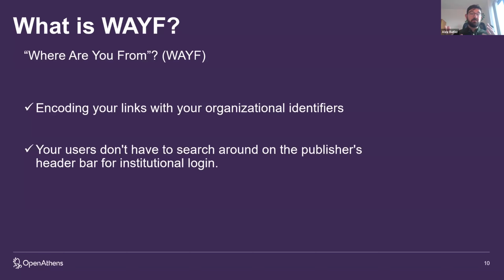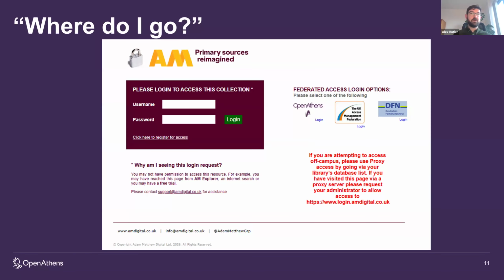The result of this is that when a user clicks on a link, they don't have to go search around on a publisher header bar or a login to find their institutional login. So for example, if I'm a user at your organization, maybe you subscribe to a product from this publisher here, I get to this page, and where do I go? Do I log in with my email address here, my university email address? Do I register for access?